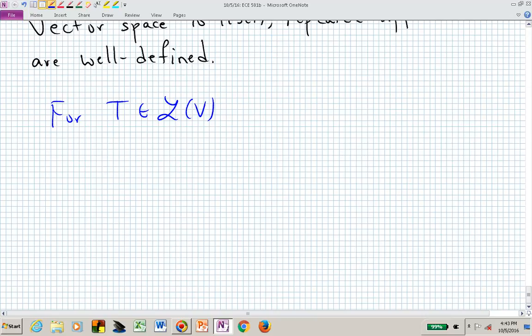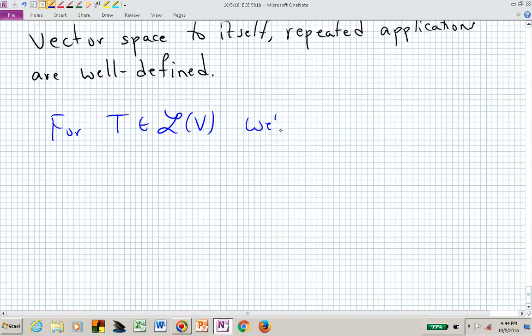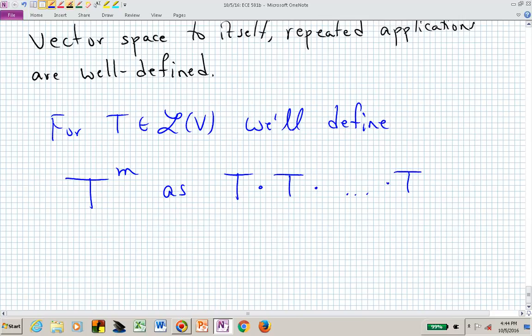For T, being this linear operator on a vector space V, we'll define T to the m. So m operations of this linear operator will be T times T times T, where we do that m times.